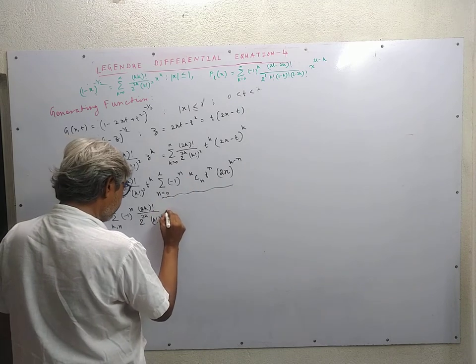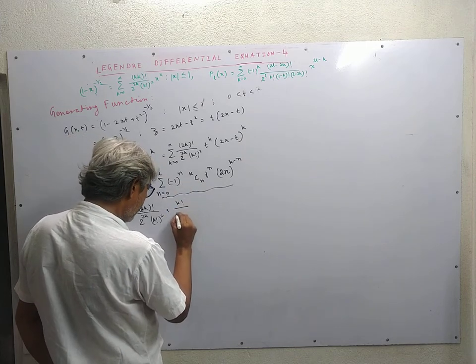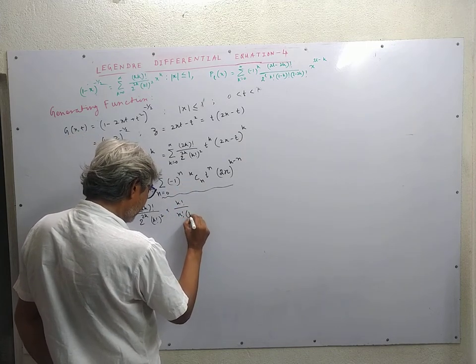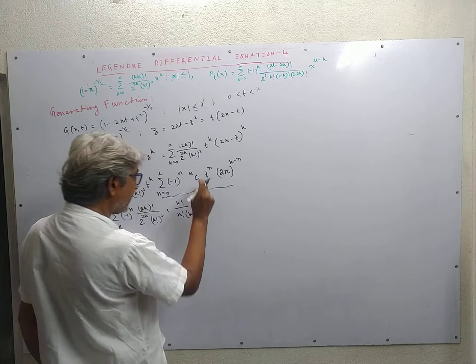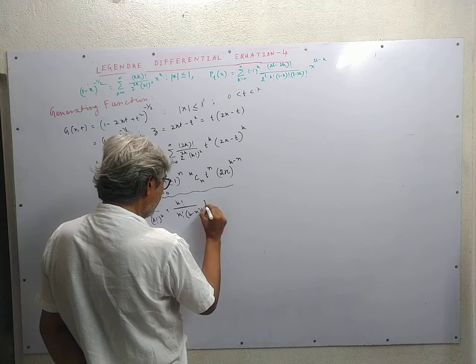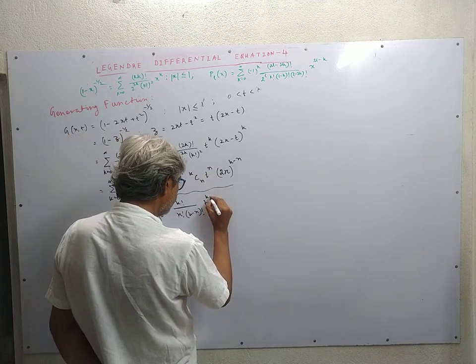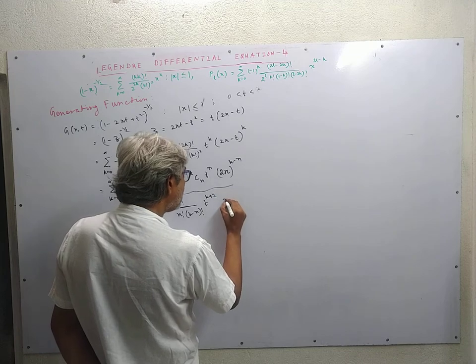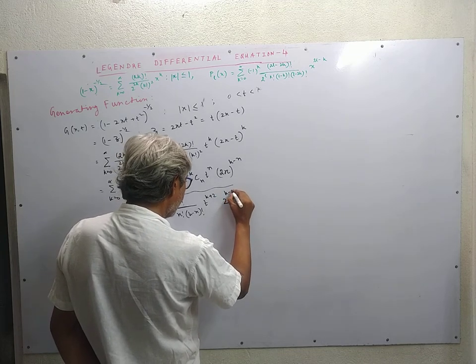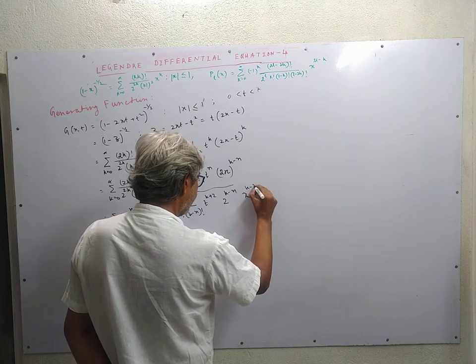Then coming to this part, this is k! over n!(k minus n)! for kCn, and t to the power k plus n, 2 to the power k minus n, x to the power k minus n.